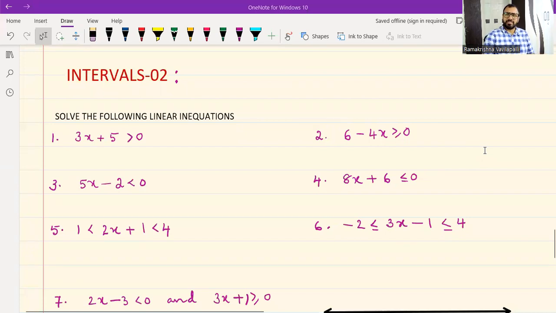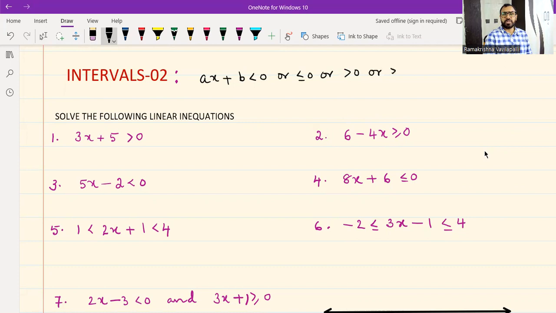So how do we solve linear inequations? A linear inequation involves only one variable, like ax plus b less than 0, or less than or equal to 0, or greater than 0, or greater than or equal to 0. It is called a linear inequation.